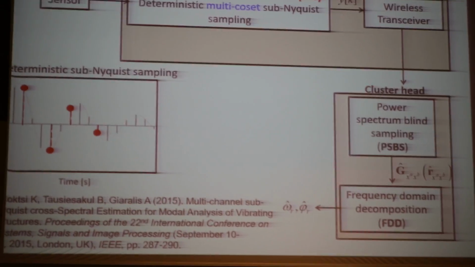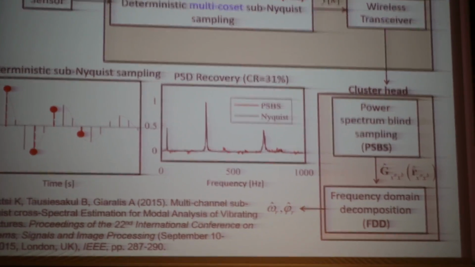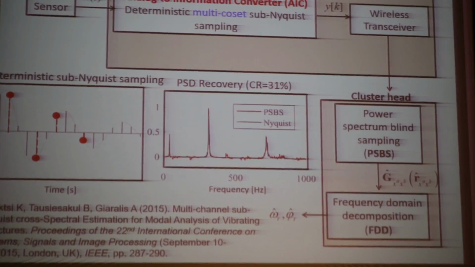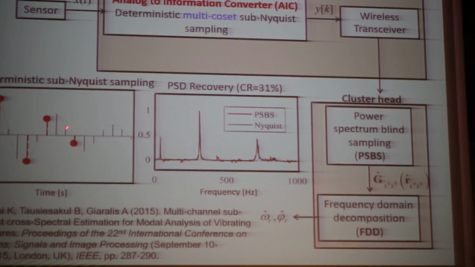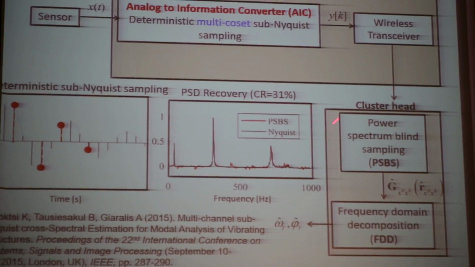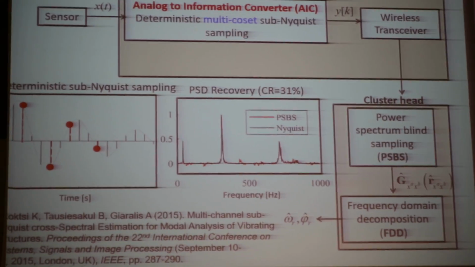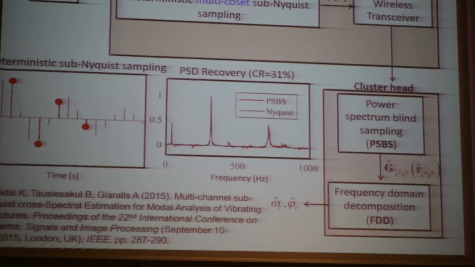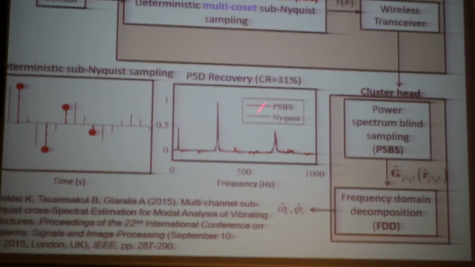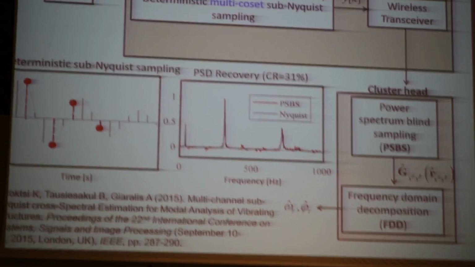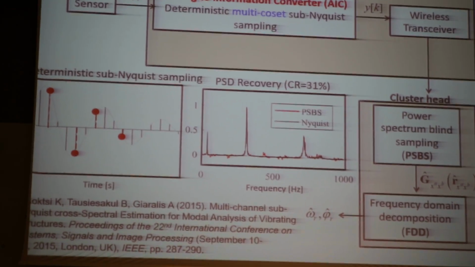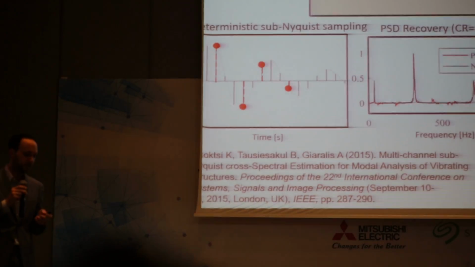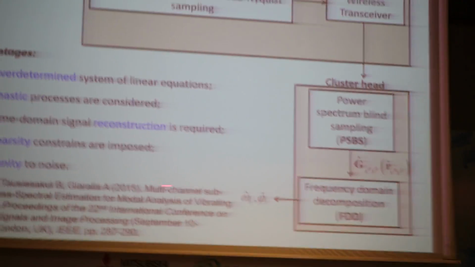Okay, so it's deterministic, non-uniform in time, and we try to do power spectrum estimation from this sub-Nyquist sample data, and then through standard frequency domain techniques for system identification, we can go on and find mode shapes. The good thing about this method is that it doesn't have to obey any particular sparsity conditions.